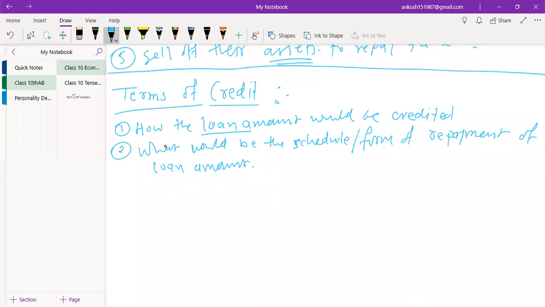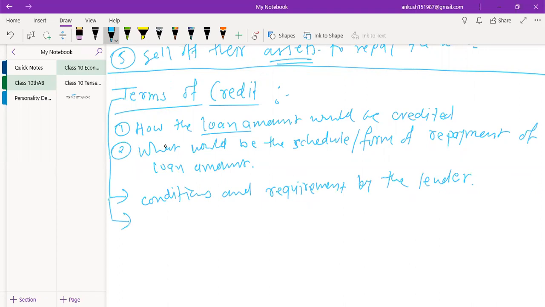What are the terms? Terms are the conditions and requirements put by the lender. These are the terms which are put on the borrower. First thing.